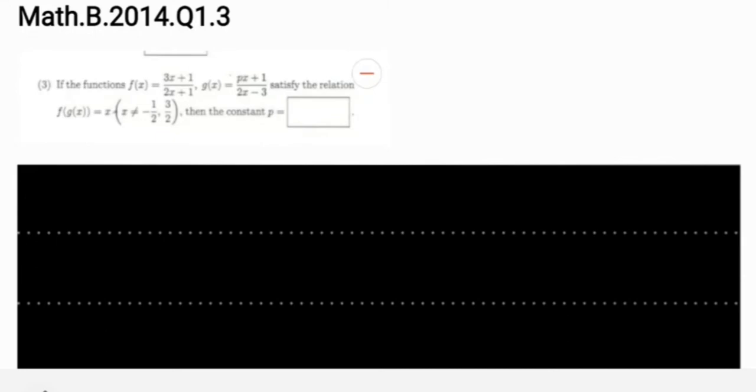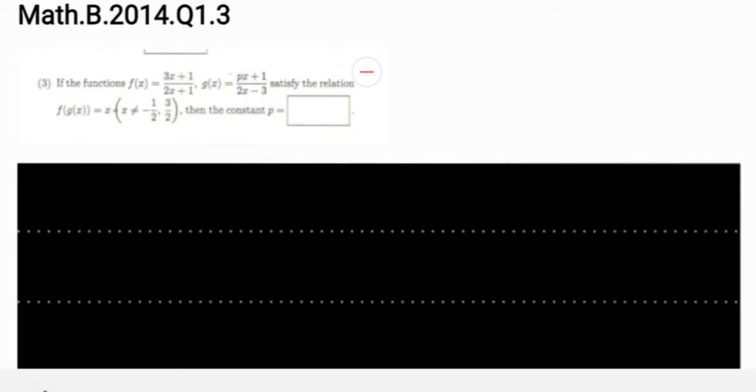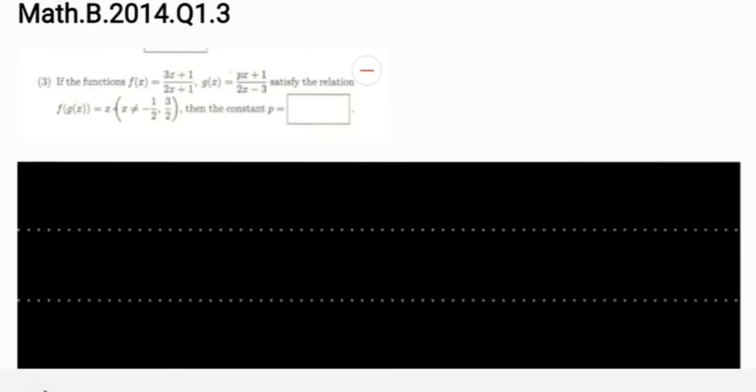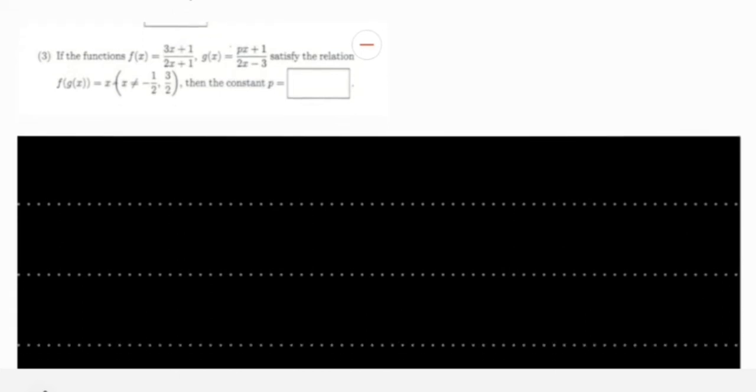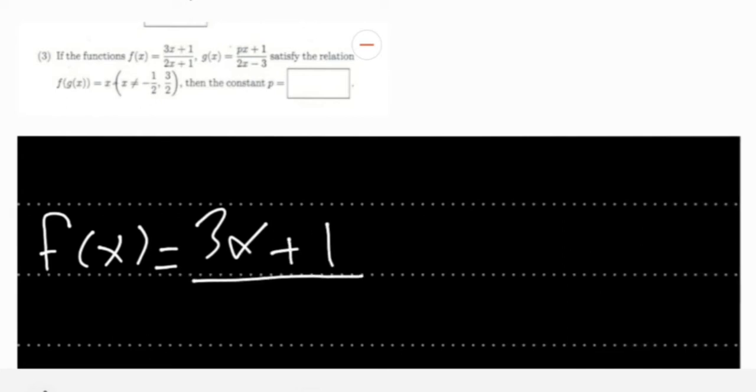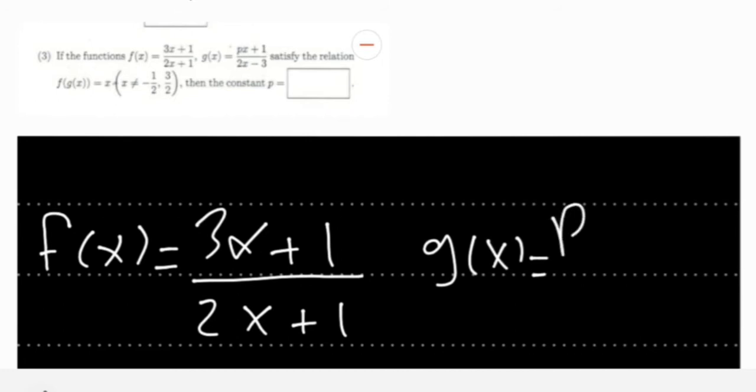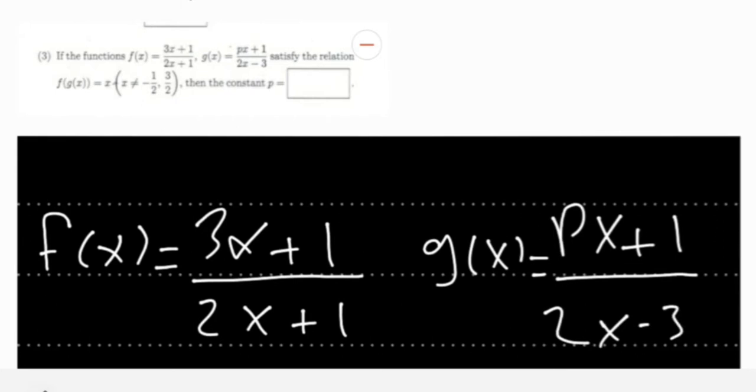MEXT.Math.B.2014 question 1.3. I don't know if you can see the question well in the video, but I'm going to read it and write the things. So if the function f of x is equal to (3x + 1) divided by (2x + 1), and g of x is equal to (px + 1) divided by (2x - 3).